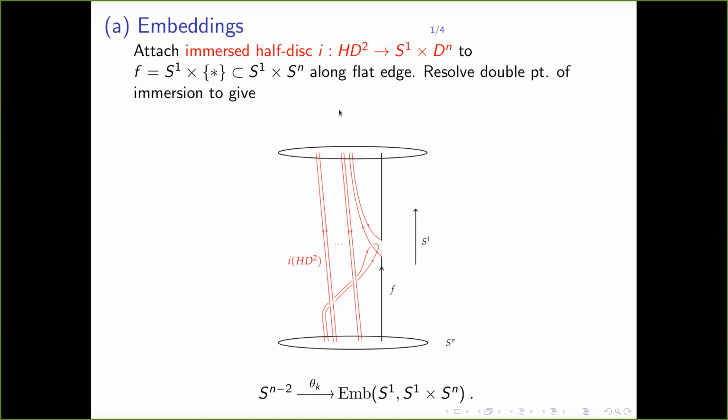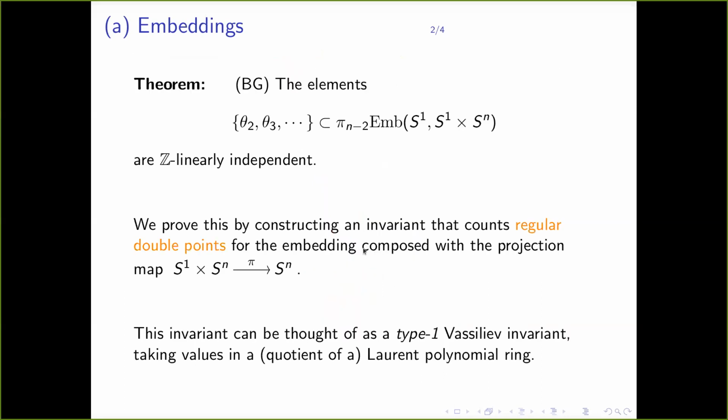So you've gone k times around the S1 factor here. Those are the theta k embeddings. A theorem which is not too hard to prove is that these are linearly independent over the integers in that pi n minus 2 homotopy group. And so we construct invariants that separate these embeddings by counting regular double points of the projection to Sn map.